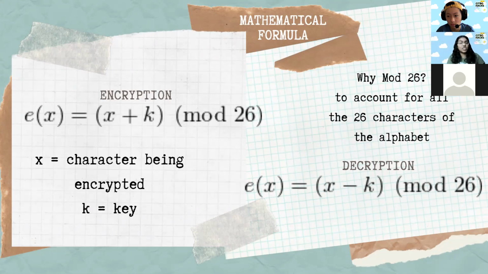And then modulus 26. If you're unfamiliar with that Python operator, modulus is basically remainder division. So if I do 6 modulus 3, that would equal 0, because 6 is divisible by 3, there's no remainder.